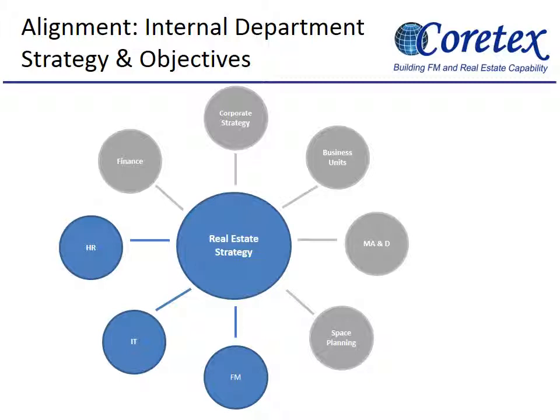From an FM perspective, facilities management may or may not be siloed from the property team, but your role here is to engage and align yourselves with those responsible for managing or delivering facilities management.